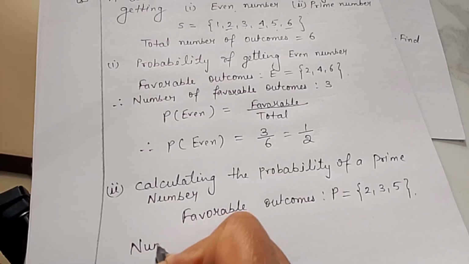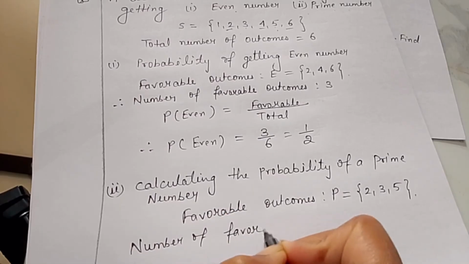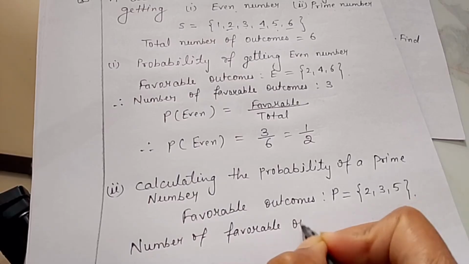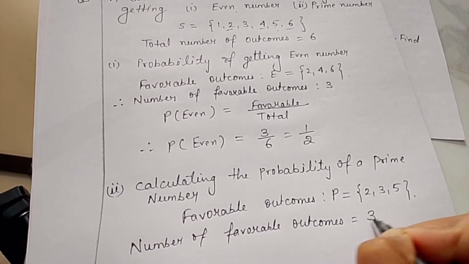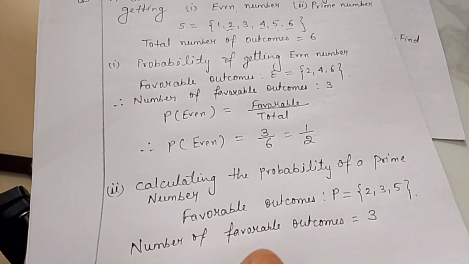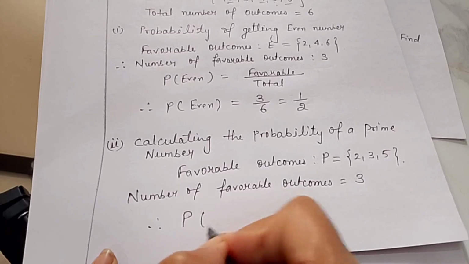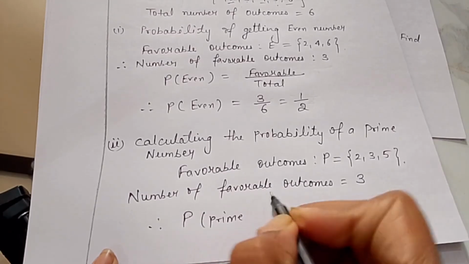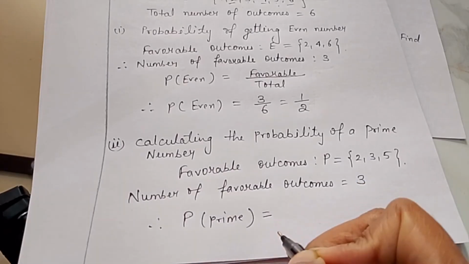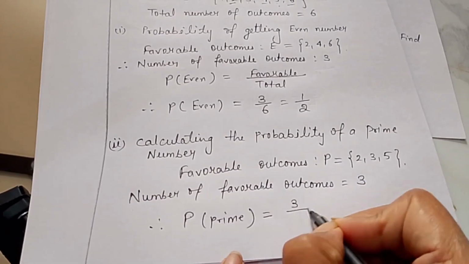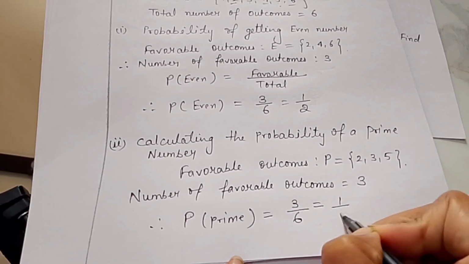Number of favorable outcomes is equal to 3. Therefore, P(prime), probability of getting a prime number, is equal to 3 by 6. When we simplify, we will get 1 by 2.